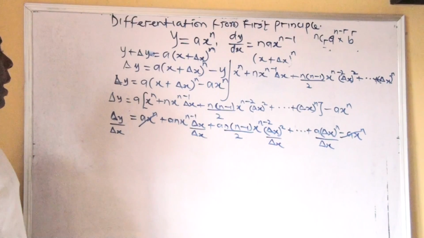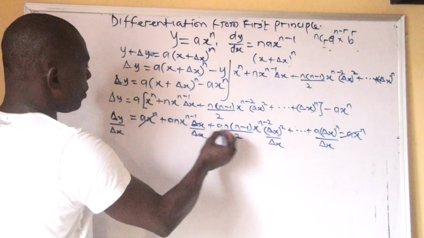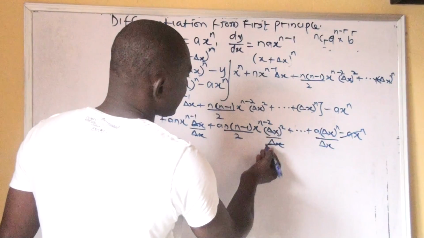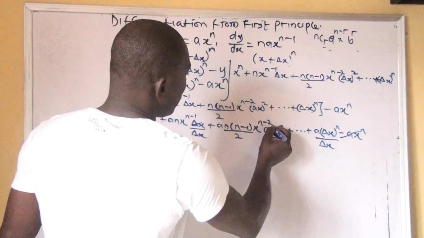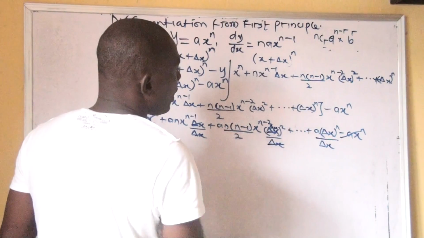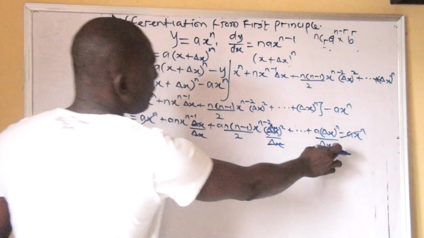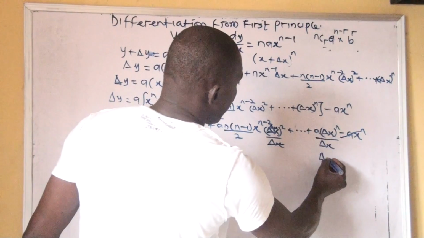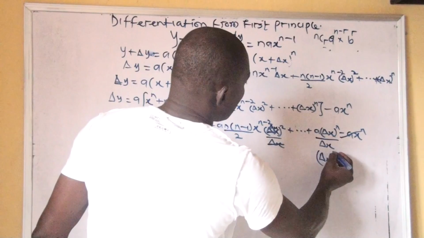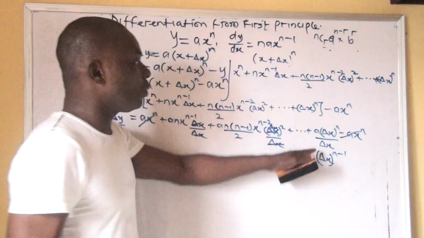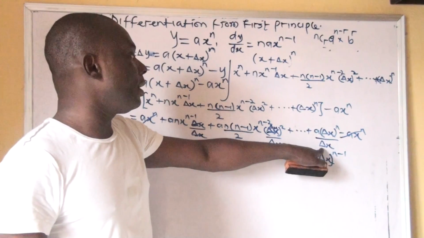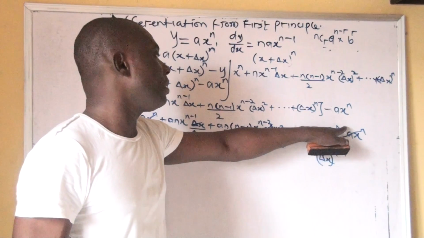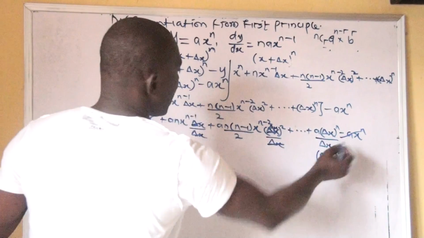So here we see that this and this will cancel off. Here we have a delta x square, one will cancel off, and we will be left with just one delta x here. In this part we have delta x raised to power n minus 1, because if we apply the law of indices here, common base, this raised by 1, that means n minus 1, because there's a division line here.